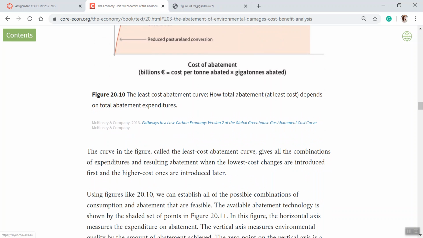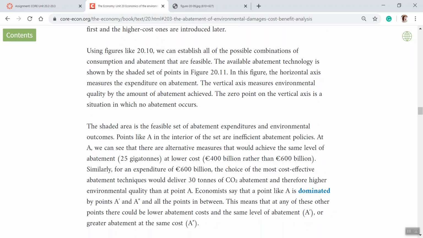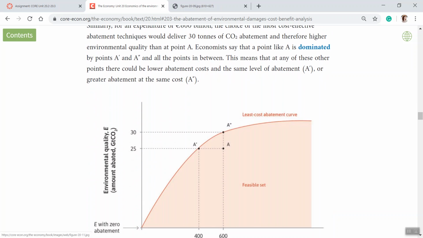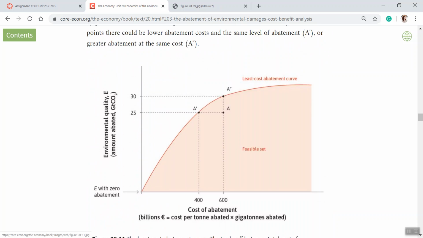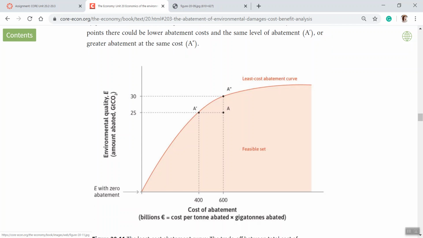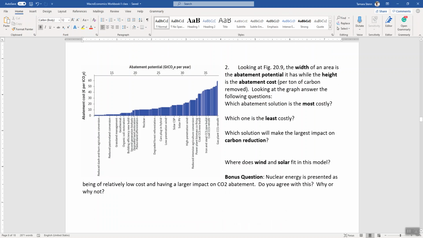And here we have some more information about what that all means, with some specific examples. Here we see, for example, how it is working. And we're always looking for the most efficient response, the one that's going to give us the greatest abatement at the same cost.